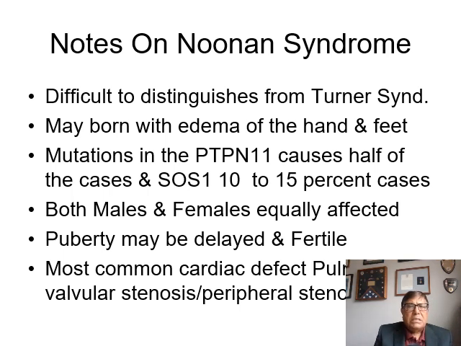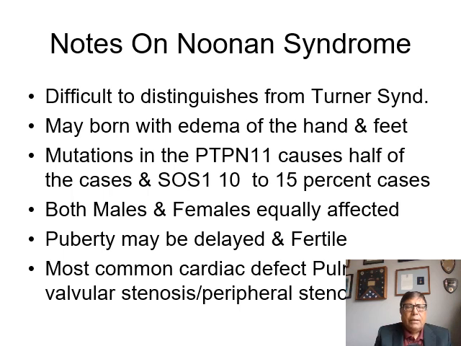Now let's discuss Noonan syndrome. The clinical features are so similar to Turner syndrome that it is hard to differentiate. They are also born with edema of the hands and feet. Mutation of PTPN11 or SOS1 accounts for 10-15% of the cases.